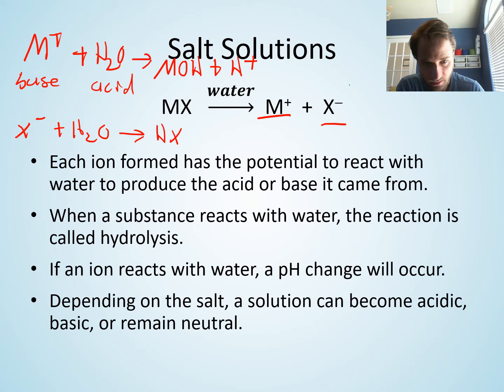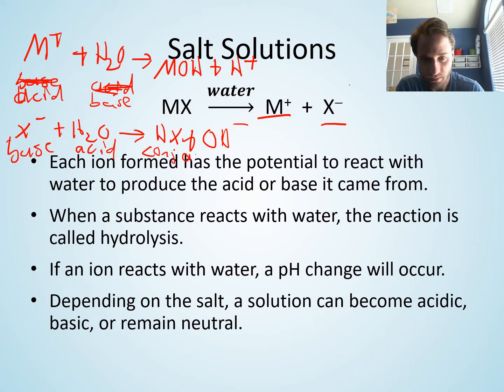So in this case, what's actually happening is M+ is acting as an acid, and H2O is acting as a base. In the other reaction, X- reacts with H2O to form HX plus OH-. X- here is acting as a base. Water is acting as an acid, to form our conjugate acid here, and OH-.